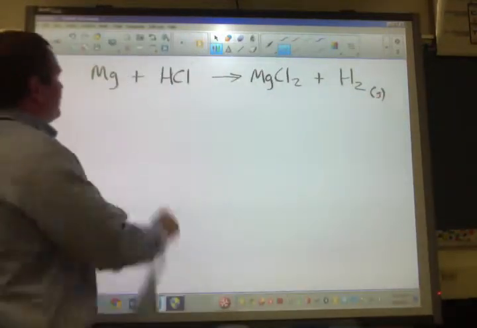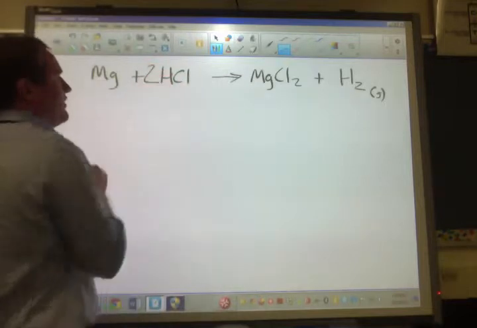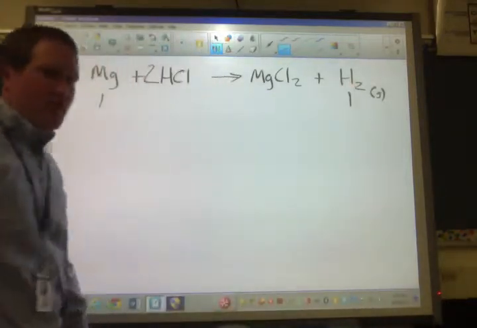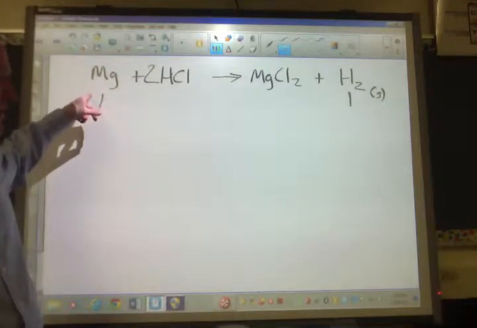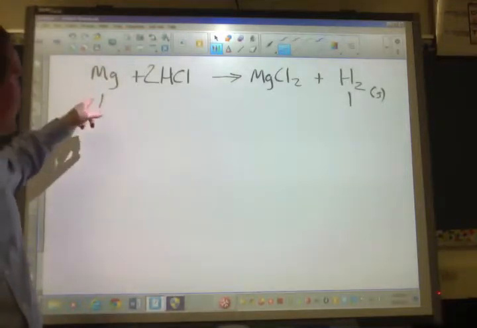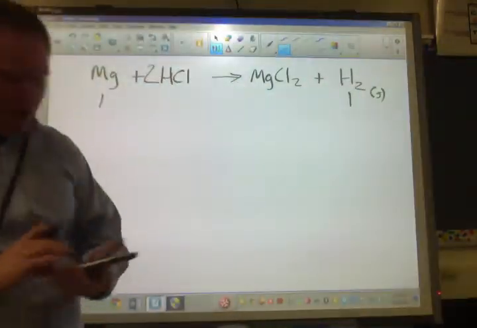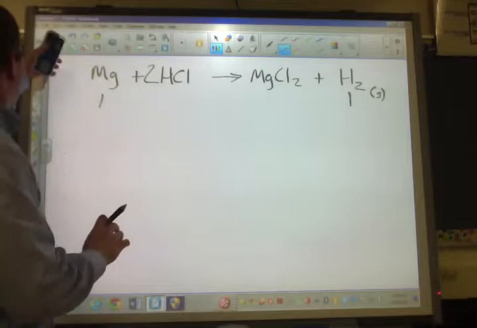To balance this equation, we say 2 of these, and the rest is good. So it's a 1-to-1 ratio. So therefore, I gave you grams of magnesium. We're going to convert grams to moles, look at our mole ratio of 1-to-1, and pull out moles of hydrogen gas.